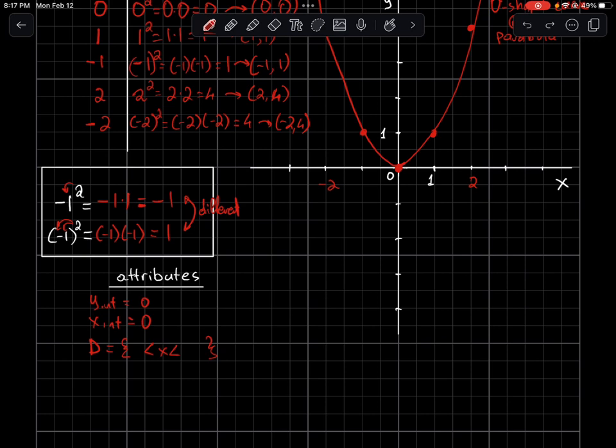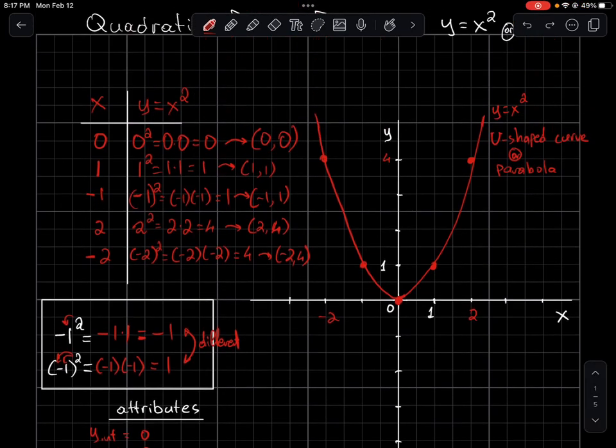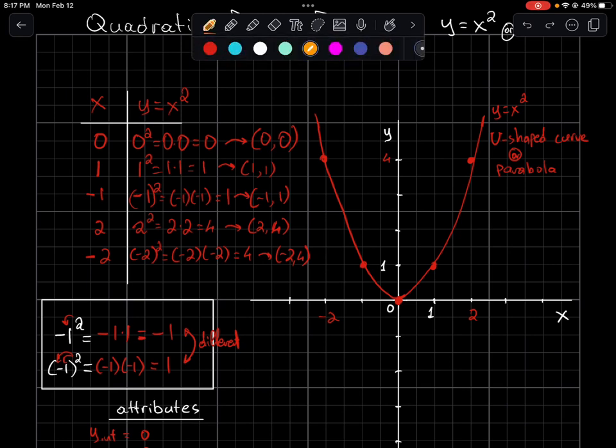To find the domain, we need to remind ourselves that the domain is related to the x-axis. The domain is the set of all inputs. This is, in a sense, where we come from, where the inputs come from. The inputs are on the x-axis. To find the domain, therefore, you need to find all the x-coordinates.